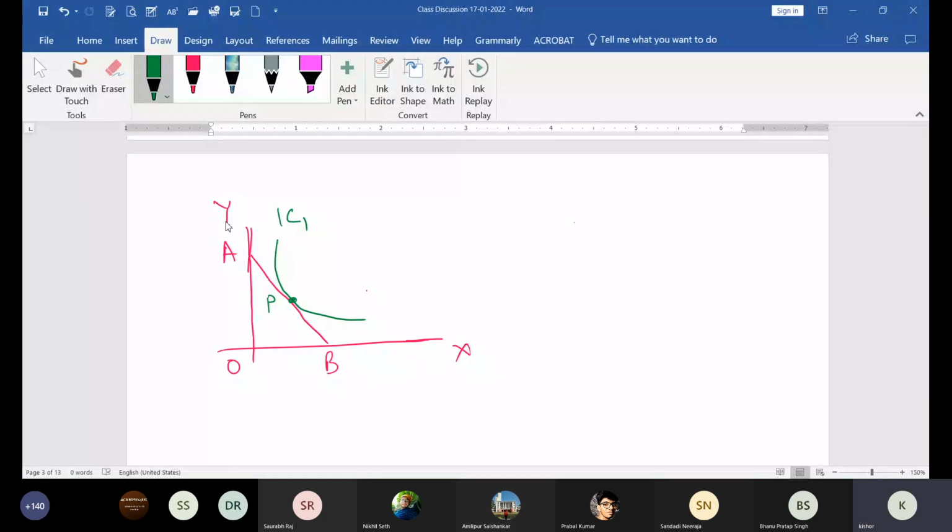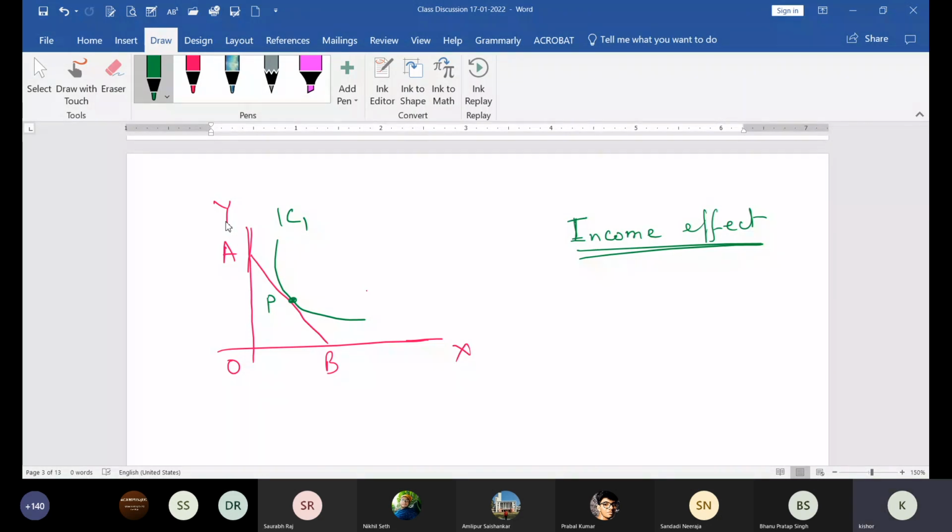I will not discuss it further now because this concept will come after some time, maybe next class. This is the income effect of price change. Actually, income didn't increase, but as the price of X changes, you are realizing a situation like an increase in income. The reverse also may happen.